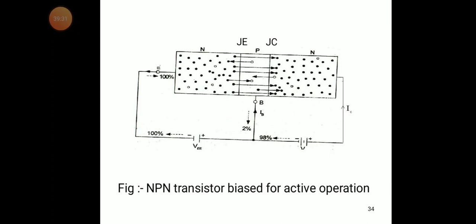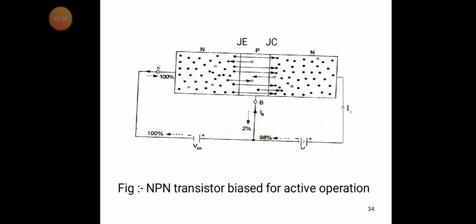From the emitter, 100% of the emitter current is passing, but in the P base, about 2% of the electrons recombine with holes. The remaining 98% reach the collector junction.